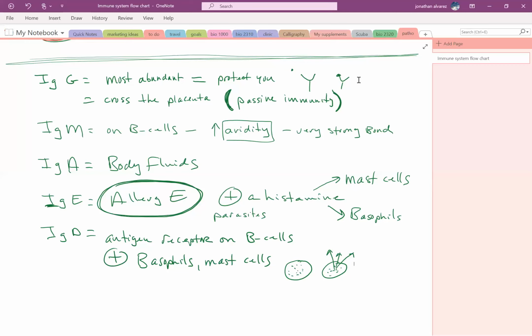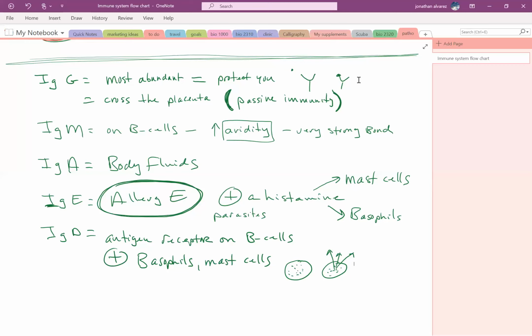So if you have, let's say you have COVID like right now, okay, and let's say you got it yesterday, you know, obviously it's going to take your body a little bit of time to develop the IgMs, but they are going to show up in the acute phase. Now, after about 14 days, then the IgGs come in. Okay.